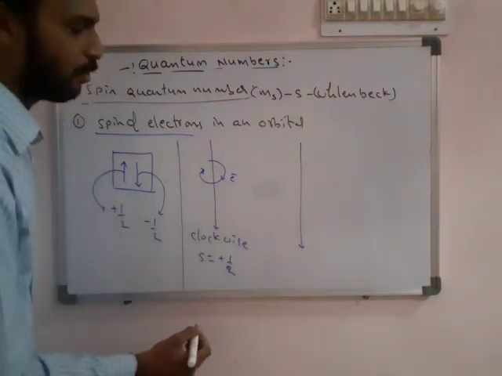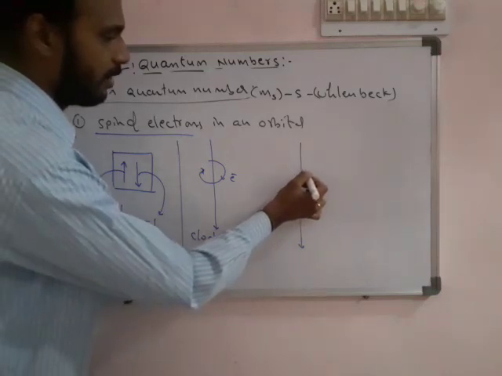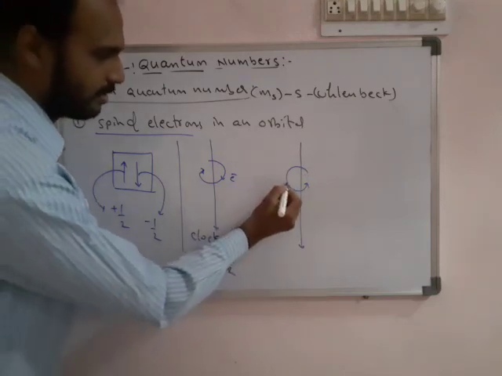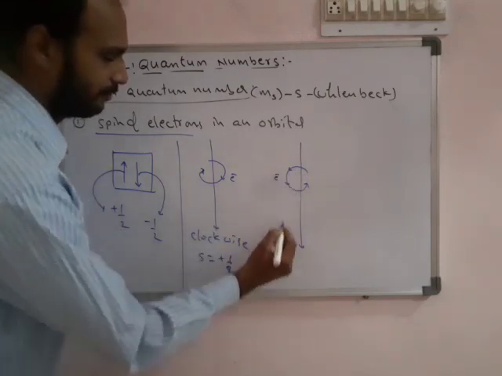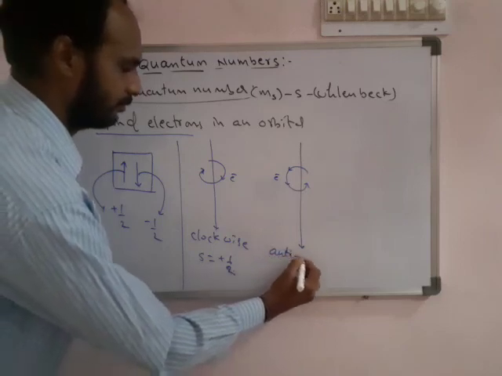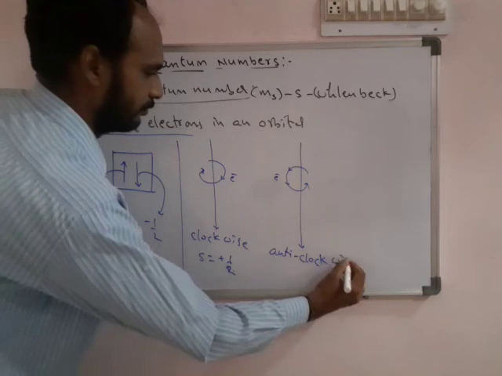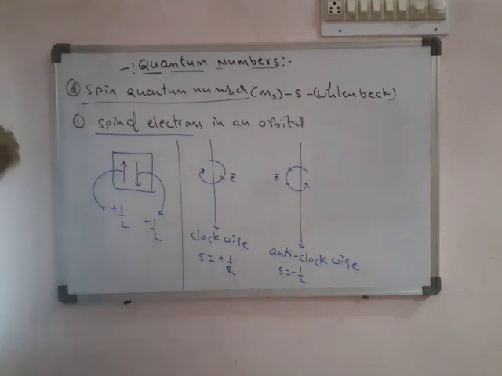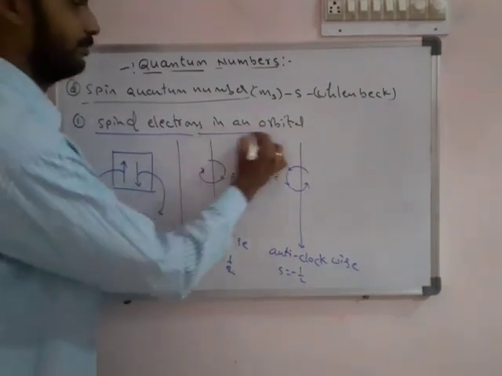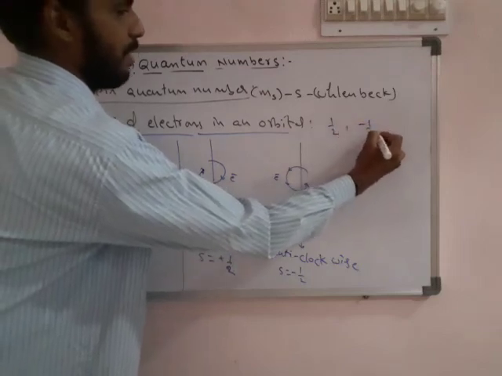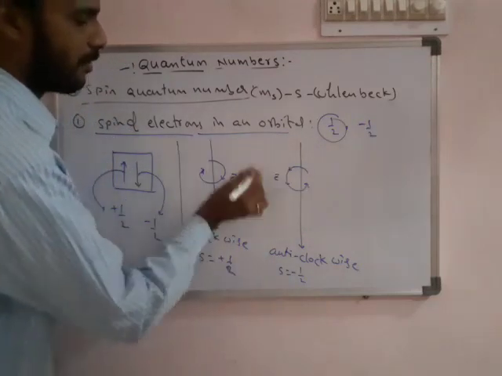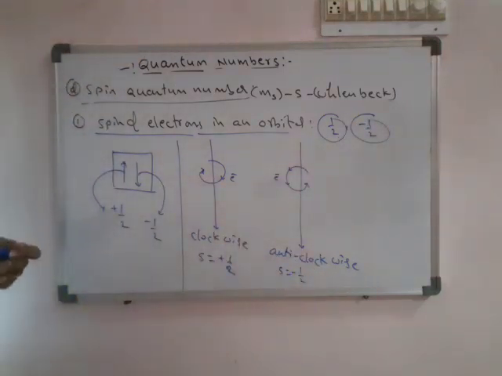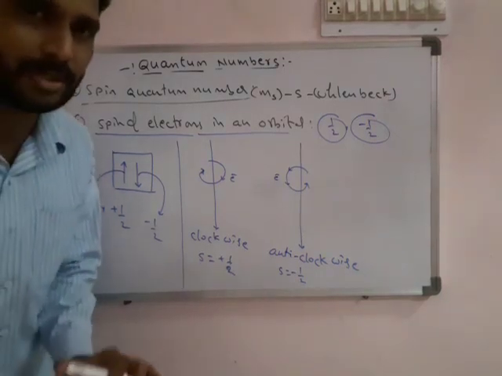If around an imaginary axis the electron is moving anti-clockwise, that indicates s is equal to minus half. There are only 2 spin quantum numbers, plus half and minus half. If the electron spins clockwise, plus half; anti-clockwise, minus half. This quantum number is only applicable for electrons.